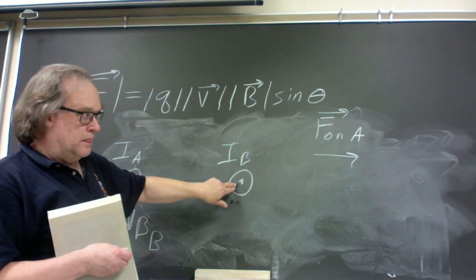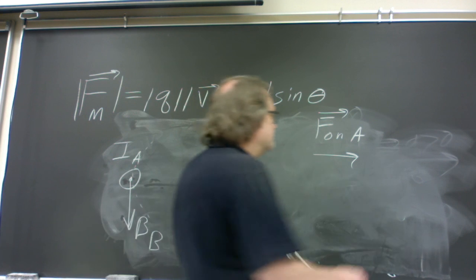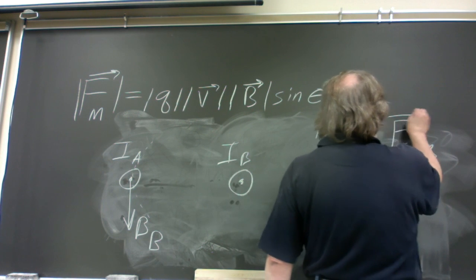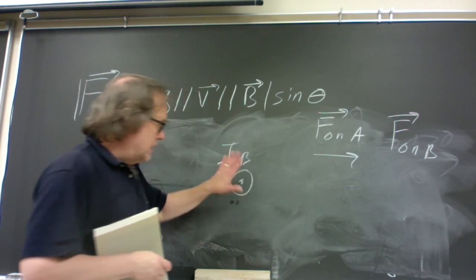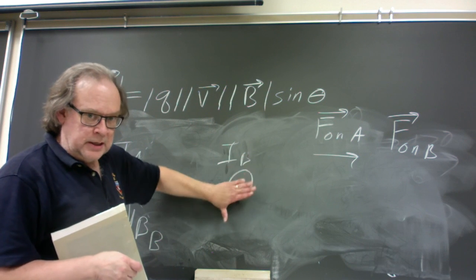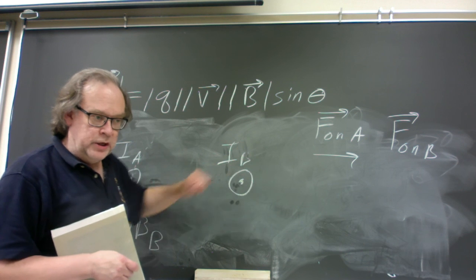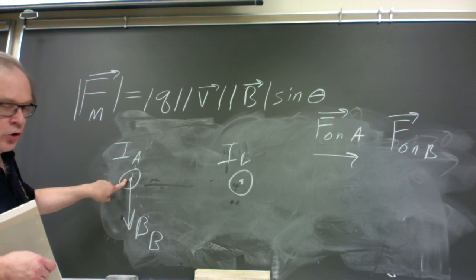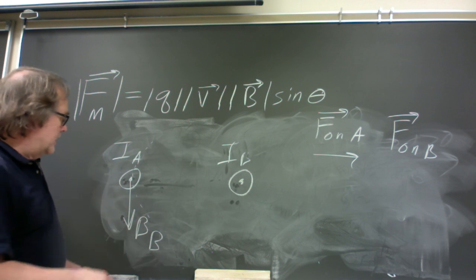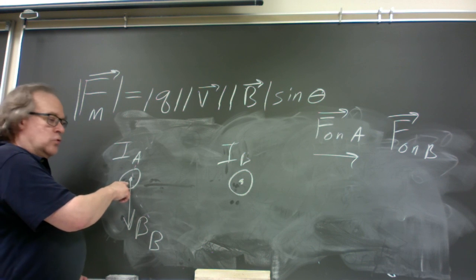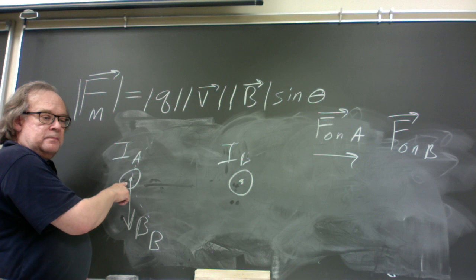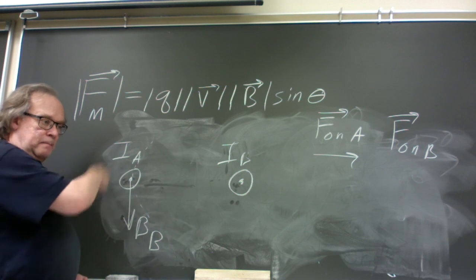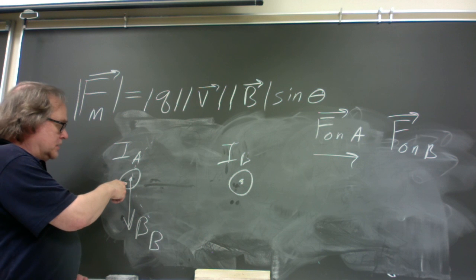Now what about the force on B? To do that, we need to know what the magnetic field over here is like. And the magnetic field over here is the magnetic field caused by the other current. And again, remember that the field caused by this current has field lines that are concentric circles centered on this.